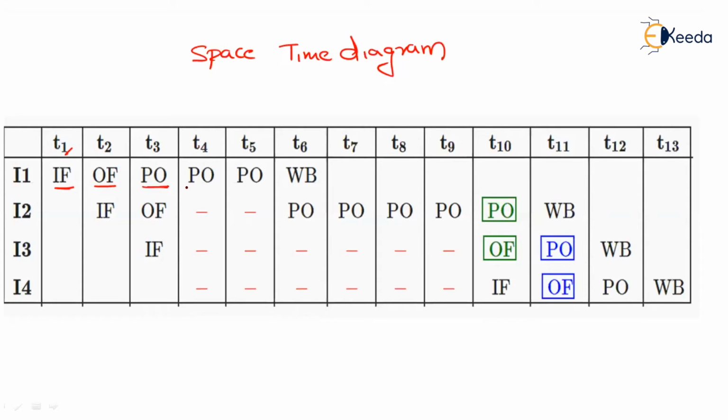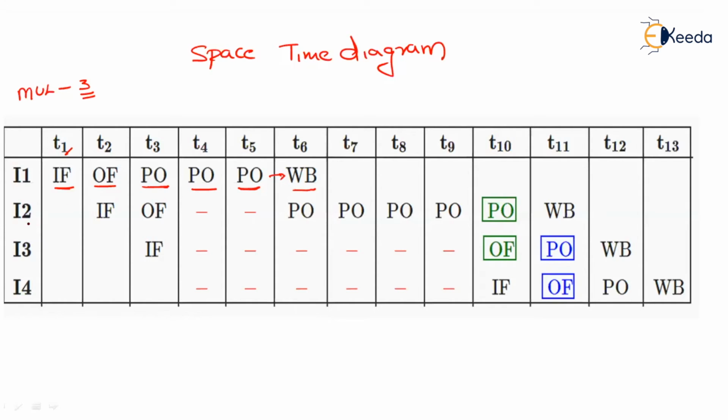As the multiplication instruction is going to spend 3 clock cycles in the perform the operation stage, as shown in the picture, in T3, T4, T5, for 3 clock cycles, it is going to be in the perform the operation stage. Finally, in the 6th clock cycle, it leaves the perform the operation stage and enters the write back stage.